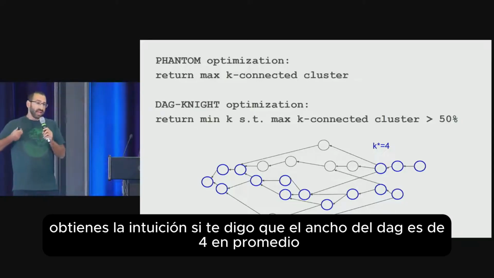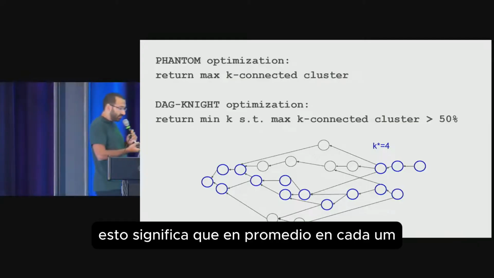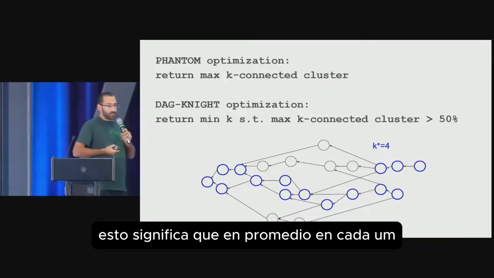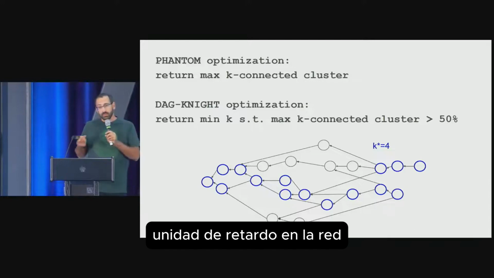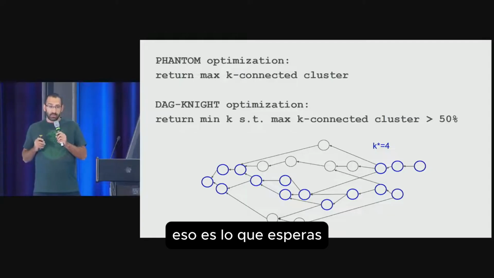If I tell you that the DAG width is 4 on average, or what you expect the DAG asynchrony to be is 4 blocks, this means that on average, in every unit of delay in the network, there are 4 blocks that are mined in parallel. That's what you expect.